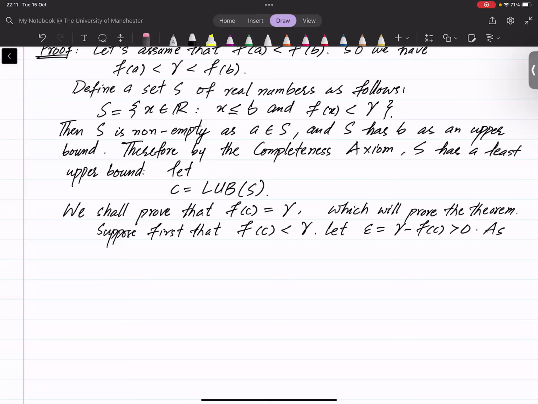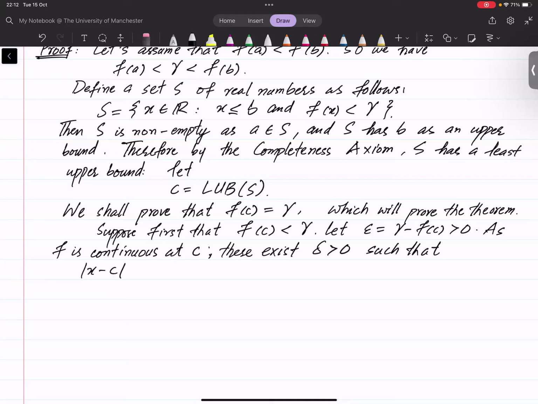Now, as f is continuous at c, there exists delta greater than 0 such that absolute value of x minus c less than delta implies absolute value of f of x minus f of c is less than epsilon, which is gamma minus f of c.